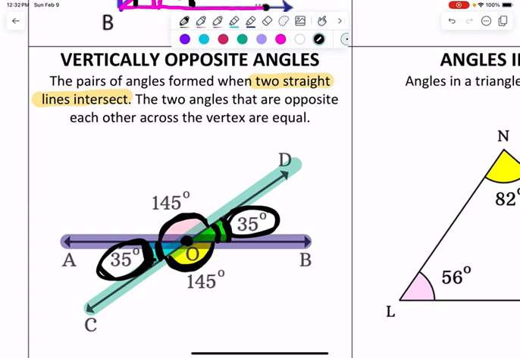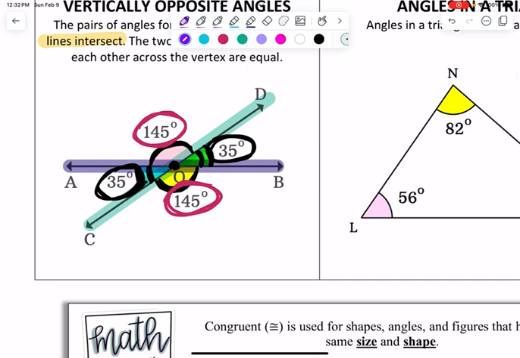Now, the fun thing about vertically opposite angles is it doesn't just create one pair that are the same shape and size. It creates two pairs that are the same shape and the same size. So when I take a look at this, I have two pairs of vertically opposite angles. Angle AOC and angle DOB are vertically opposite.